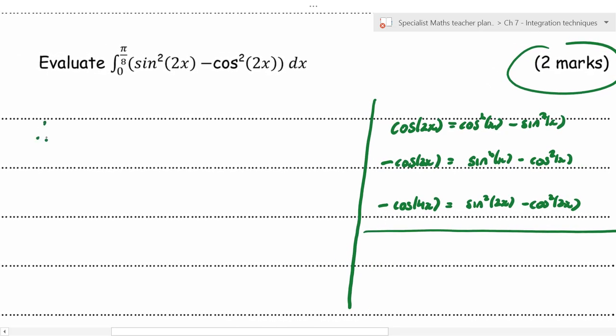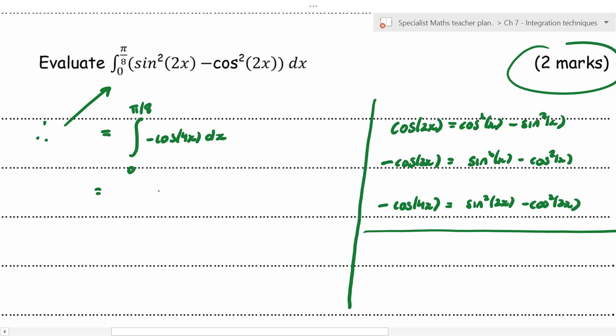So what we can say is, therefore, this thing is equal to, that's me being lazy, the integral from 0 to pi on 8 of minus cos 4x dx. Isn't that lovely?